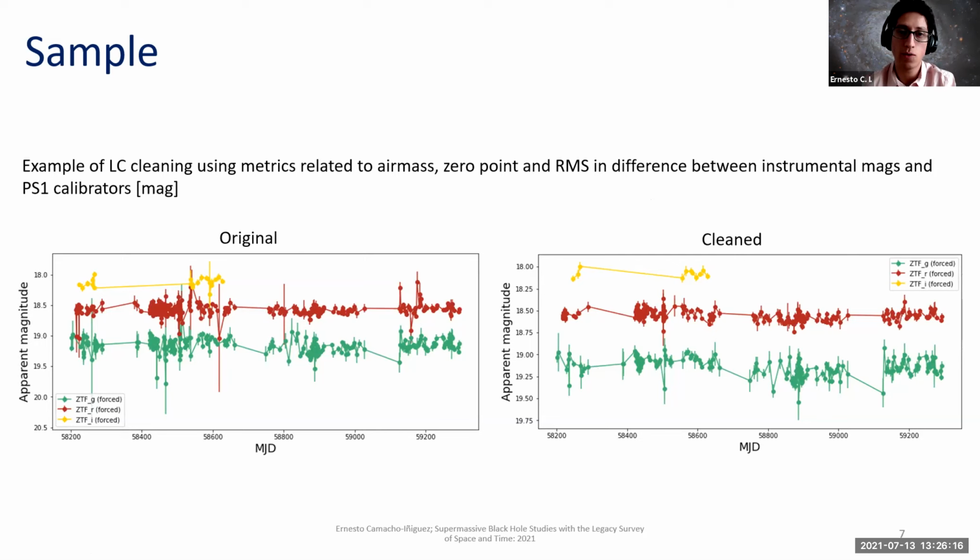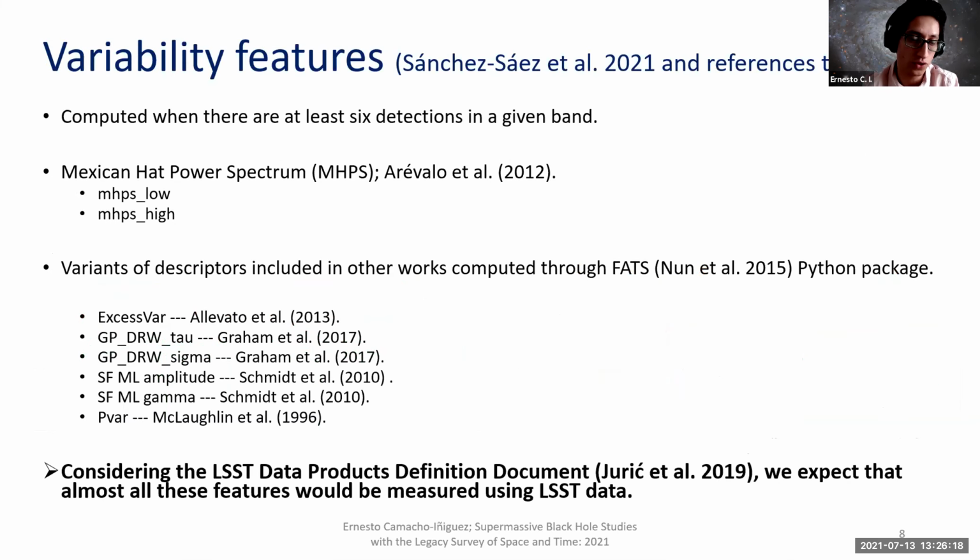So now I want to share with you some of the variability features that we are calculating and using. For a broader discussion, I invite you to read the paper from Sánchez-Sáez 2021 and the references therein about the light curve classifier from ALeRCE. But basically what we are doing is computing these variability features in light curves with at least 6 detections in a given band.